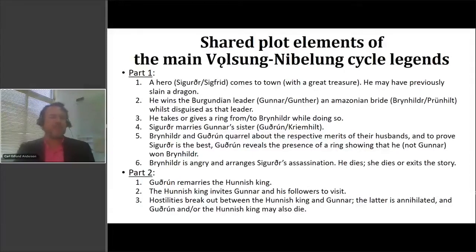And in some versions, the Hunnish king also perishes. Gudrun, or Kriemhild, may at this point also die herself, or she may get strung along for a few further adventures. But in any case, this is where the plot elements broadly shared amongst all the major Scandinavian and German versions, and indeed in Tolkien's poems, end.